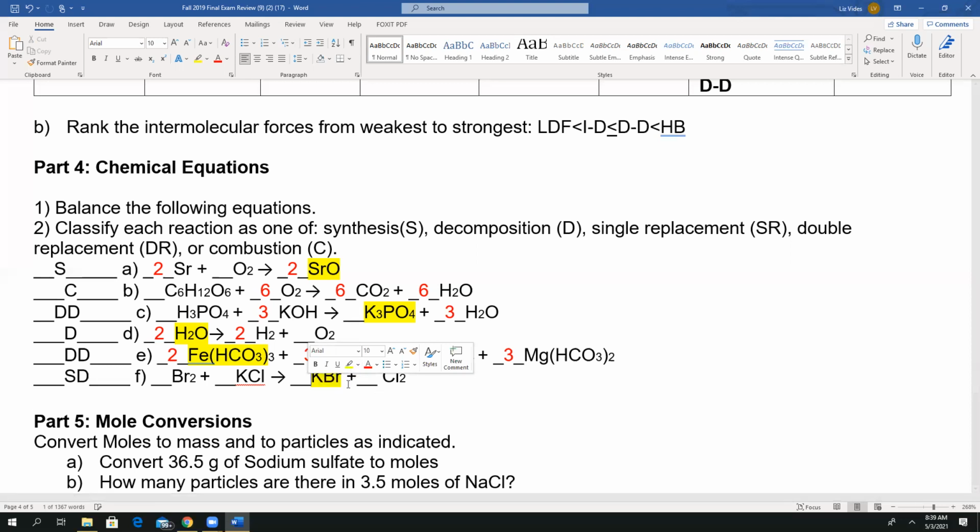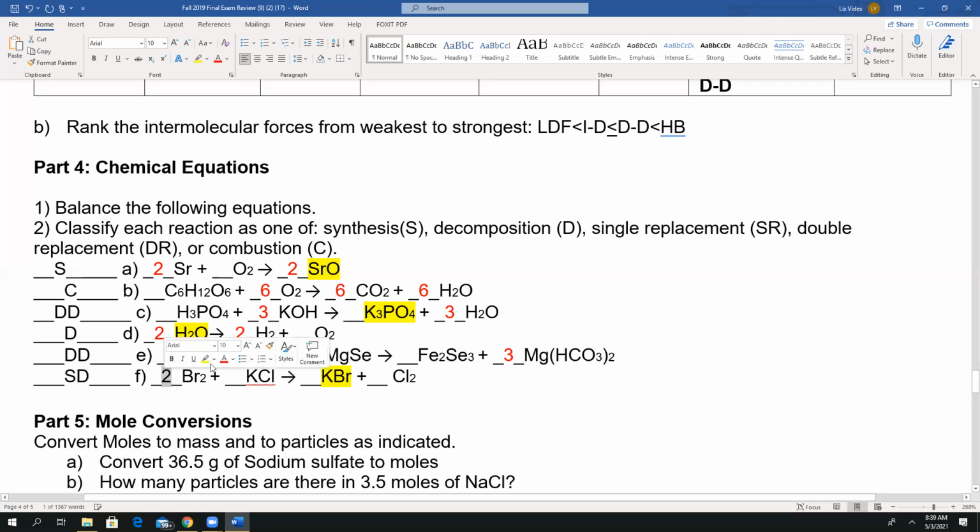Okay, looking at that one, I can see I have one potassium, that's balanced, but we have two bromines, don't we? So we need a 2 there. Okay, that one's balanced. But now we need 2 on this one. Oh, wait a minute. We should have looked. We do need 2 on this one too. So we're going to need a 2 everywhere, aren't we? A 2 there.